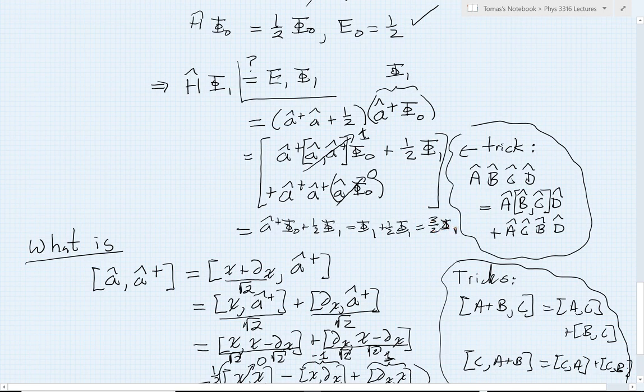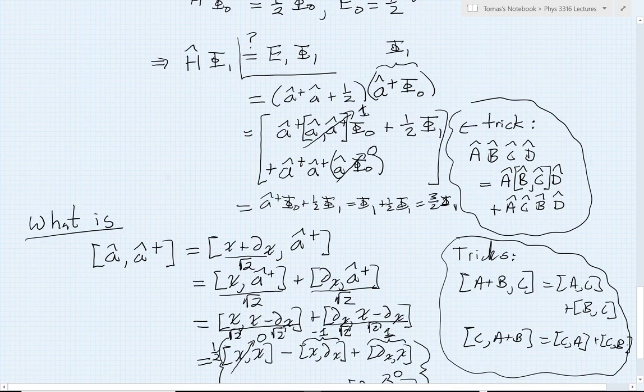And that is a beautiful and key result, because that tells me that phi 1 is indeed a pure state of my Hamiltonian. So let me just write that down here a little bit more clearly. I'm sorry, I think we got a little jammed up here on the screen. That's 3/2 phi 1. That's a very happy result, because then that proves that this is a pure state.